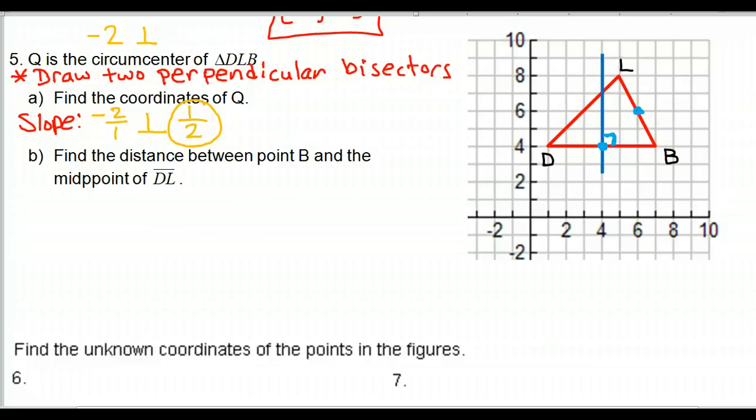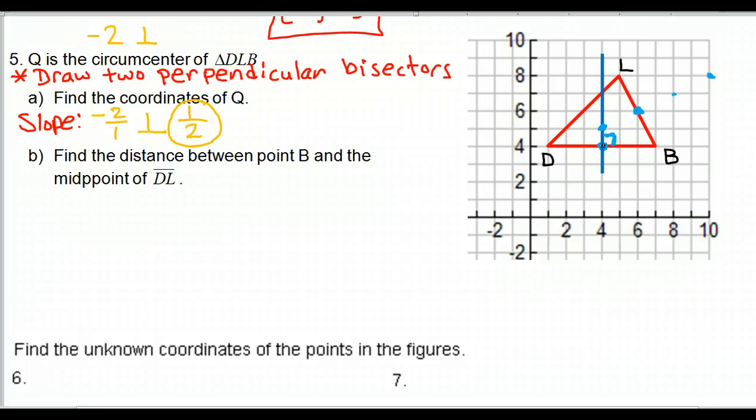So, starting from the midpoint, I'm going to do this slope, up 1, right 2. So up 1, right 2, up 1, right 2. I always start off going to the right, but I also need to go to the left. So going to the left, it's down 1, left 2, down 1, left 2, down 1, left 2. Kabam!